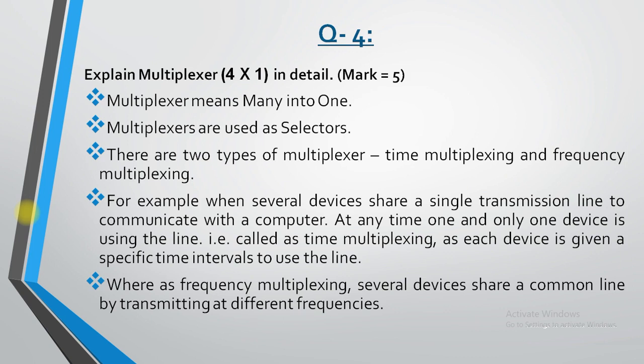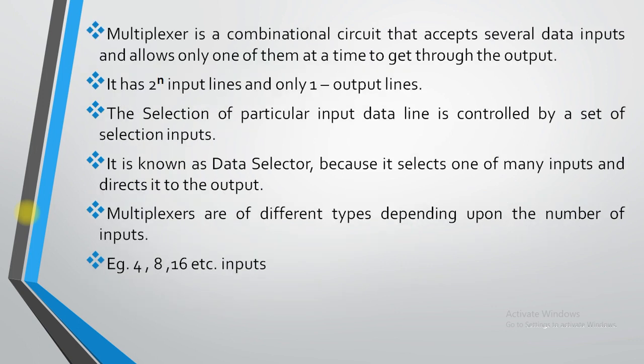And if you are working with frequency, then again there are several devices which share a common communication line to transmit the data. So that is referred to as frequency multiplexing. Multiplexer means there are a number of input lines and one output line which can be activated at a time. So 2 raised to n input lines are there and only one output line.